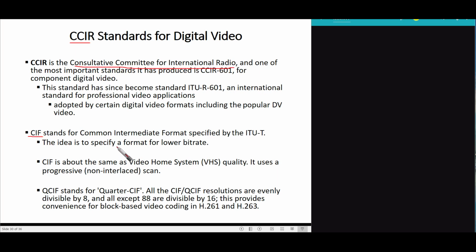CIF means Common Intermediate Format, which is also recommended by ITU, the International Telecommunication Union. And this CIF is basically the same as what we had for analog home video system quality. It uses progressive scan, that means no interlacing. And there is also a smaller version that is called the QCIF standard.